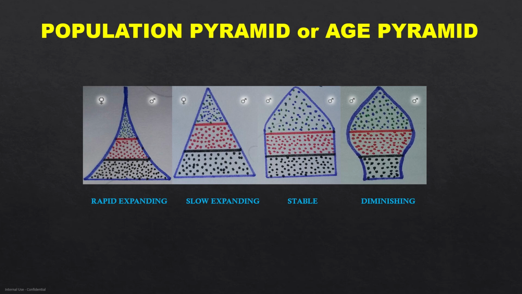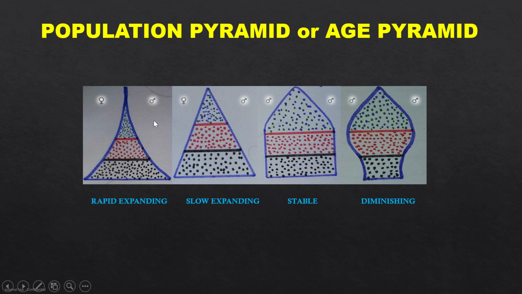Look at this picture. The first picture here shows a pyramid with a broad base and a pointed apex. This side depicts the male population, this the female population.